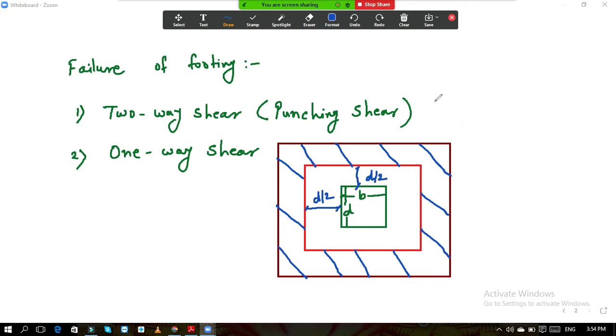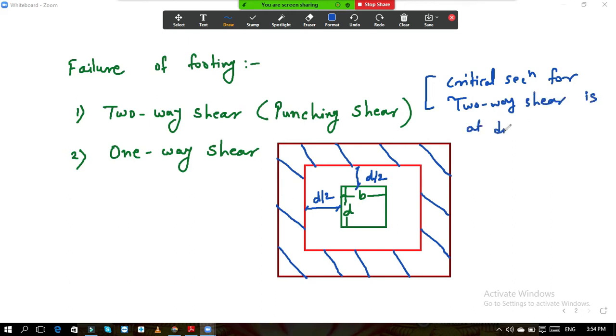Okay, so the critical section for two-way shear is at a distance of d by 2. So I hope now you understood what punching shear is.